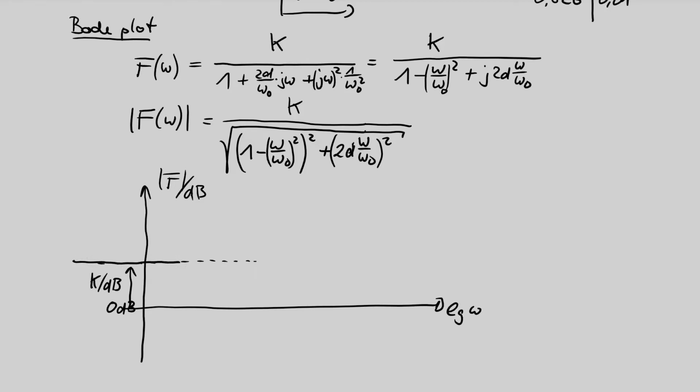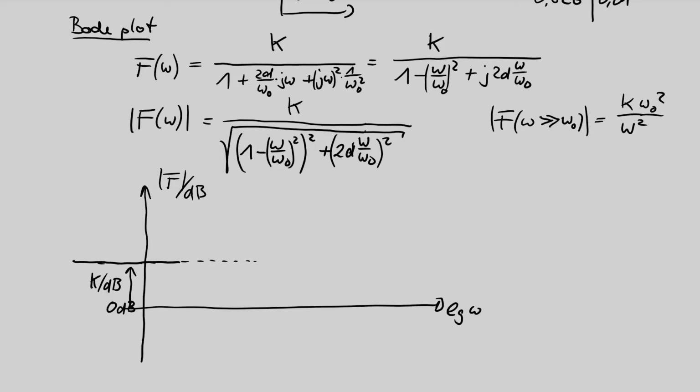And now for large frequencies, this is negligible. This is negligible, and here we have an omega to the power of 4, square root of this, omega to the power of 2. So for the large frequencies, where omega is very large compared with our omega naught, we have an asymptotical curve which is k divided by omega squared times omega naught squared.